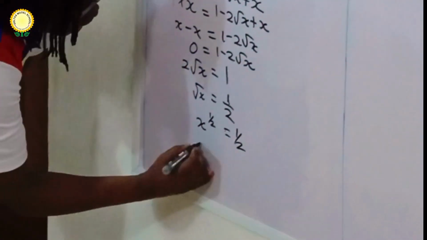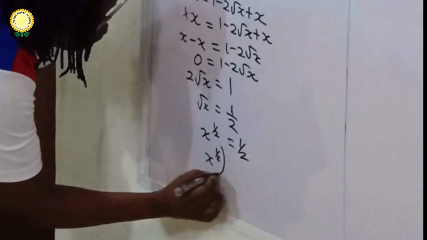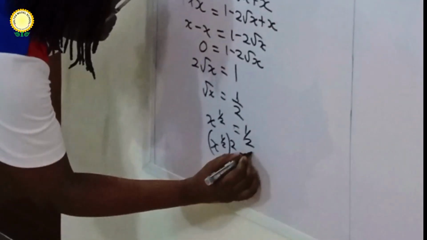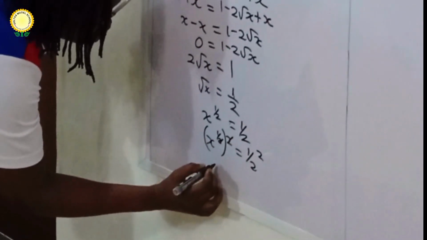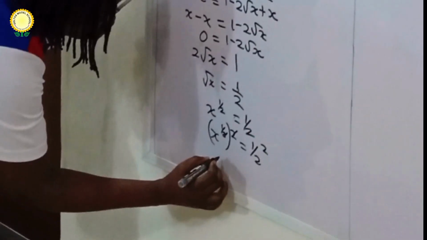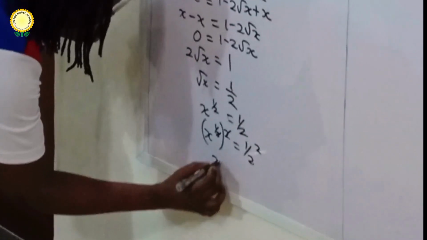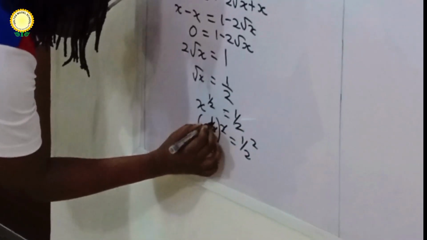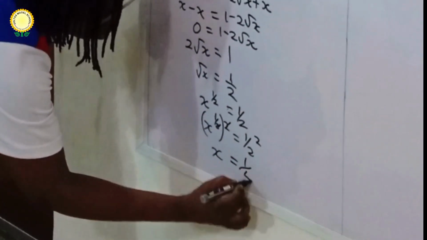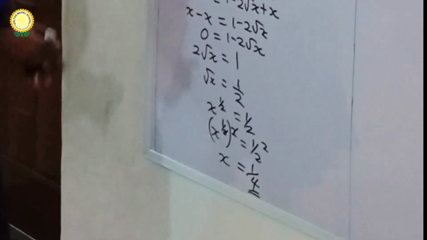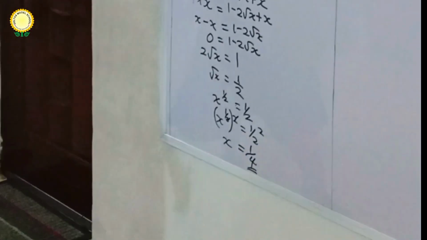So we have x raised to power half squared equals half squared. This cancels out. Half times 2 is 1. So we are left with x raised to power 1, not x raised to power 0. So x is equal to 1 over 4. And this is the value of our x.